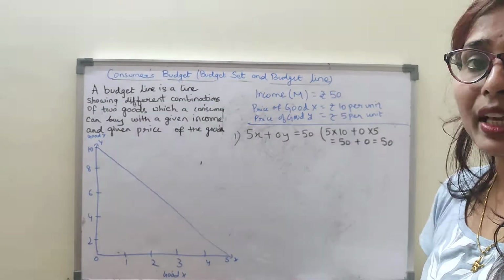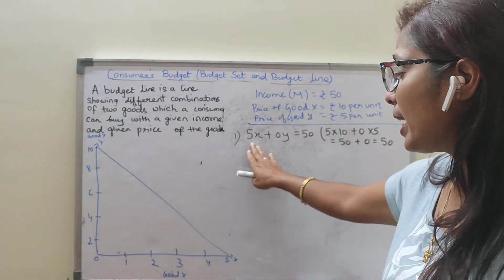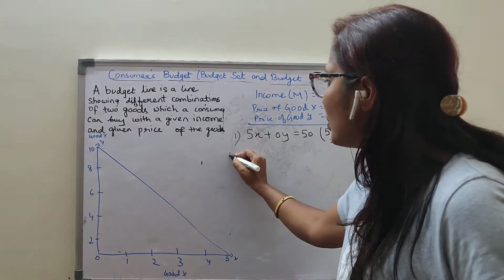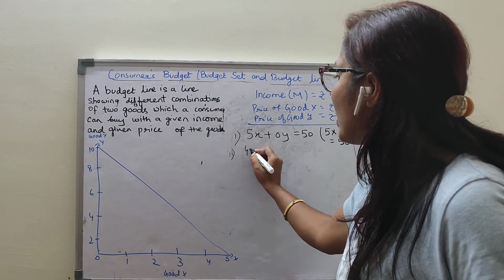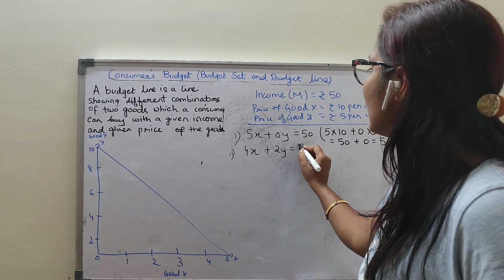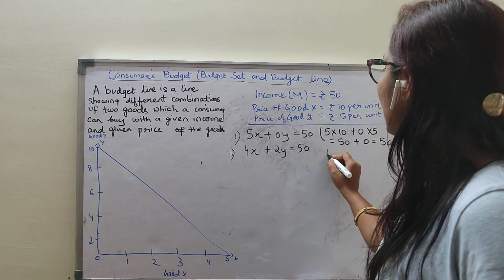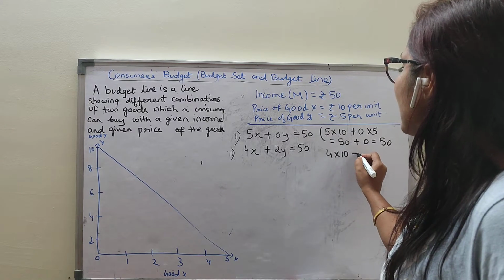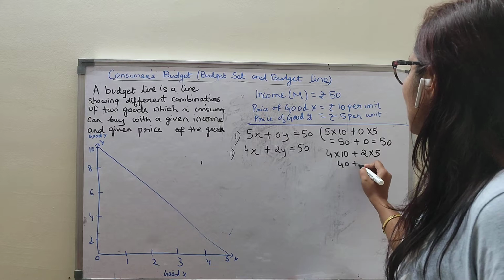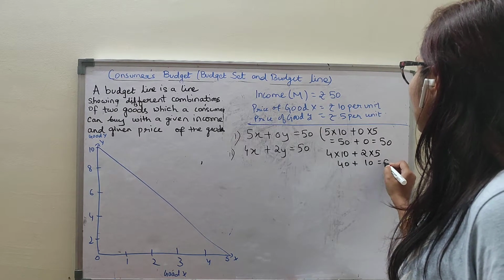That means the consumer can buy 5 units of X with no units of Y with his given income. Second combination is 4 units of X plus 2 units of Y. So 4 into 10 plus 2 into 5, 40 plus 10 is 50.